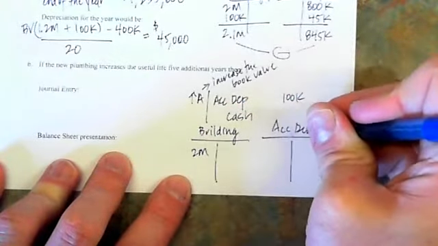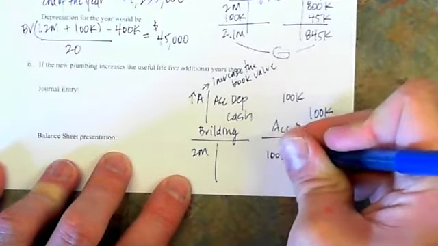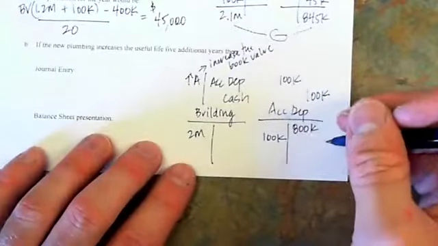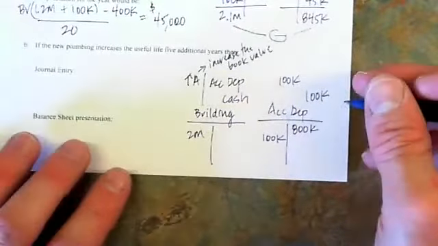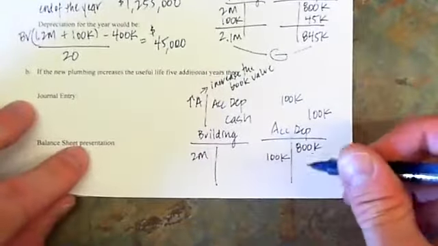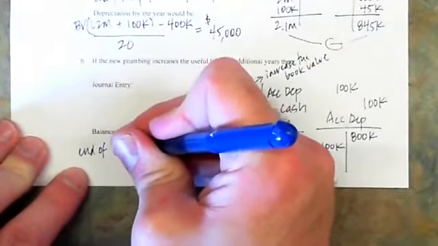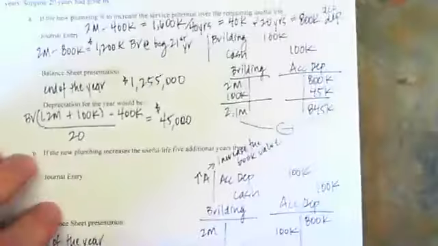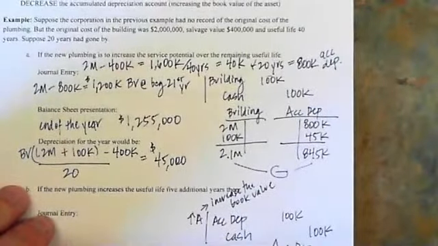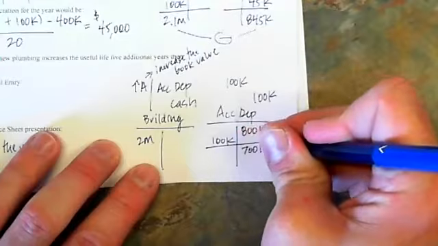My accumulated depreciation began at 800. I took off 100, and then I would have to assess new accumulated depreciation. So the new accumulated depreciation, or the new amount for the year, if the balance sheet presentation is for the end of the year, would be, well, first, after I've made this journal entry, this is reduced to 700,000.